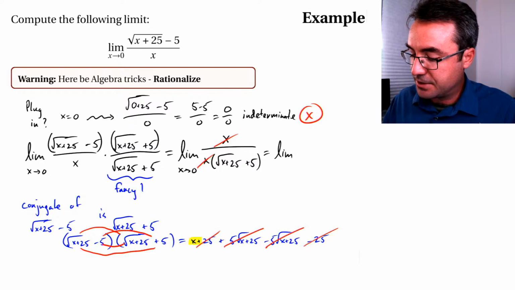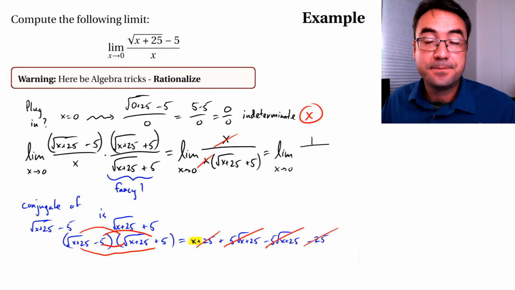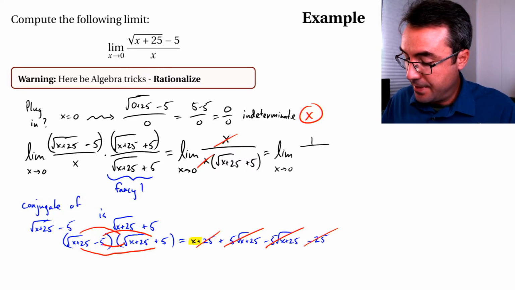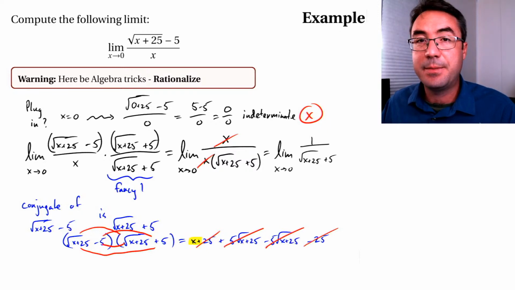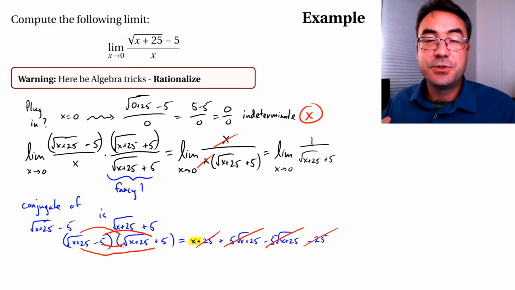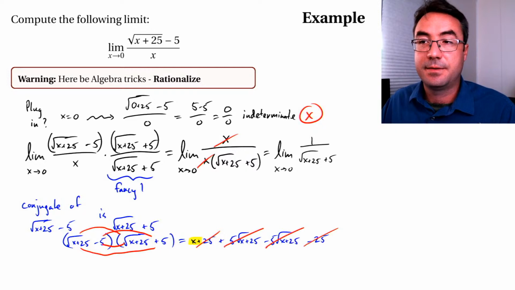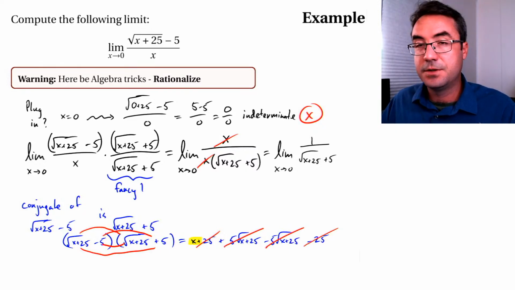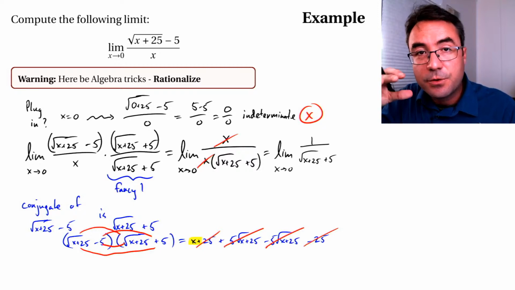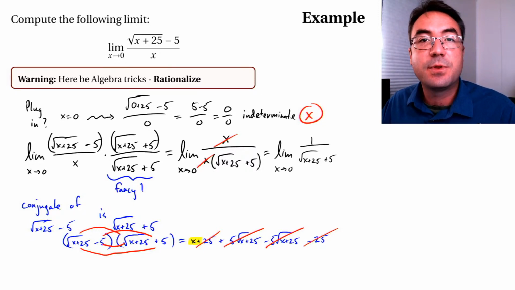Doing the limit as x goes to 0, we're left with just 1 in the numerator, and then square root of x plus 25 plus 5 in the denominator. And as soon as we do that canceling, the next thing we should do after we've rewritten the simplified expression is to just plug in again.